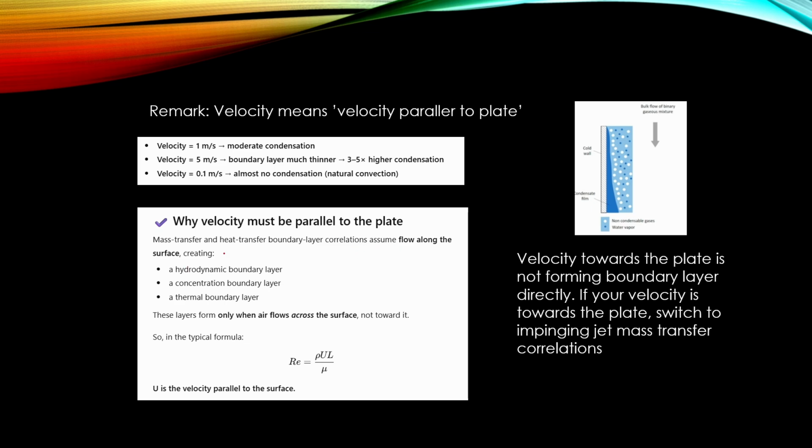And these boundary layer correlations take into account the hydrodynamic boundary layer, concentration boundary layer, and thermal boundary layer. If you have a case in which your velocity is towards the plate, then you need to move to the so-called impinging jet mass transfer correlation.